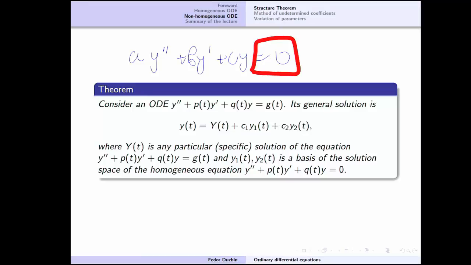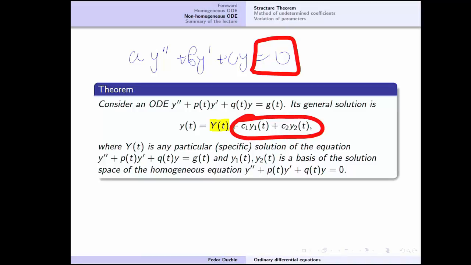And now you have your general theorem, which I'm not going to prove because it is exactly like in linear algebra. So in order to get the general solution of a non-homogeneous equation, you need to take any specific solution of the non-homogeneous equation. And then you need to add the general solution of the homogeneous equation, right?